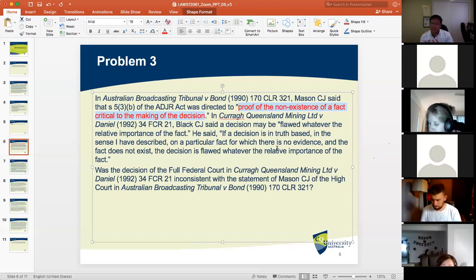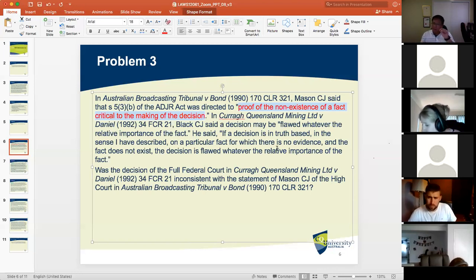So what it means is that, if you're speaking of the ADJR Act, Section 5.1H, if you want to apply for judicial review on the ground of no evidence, the requirement is that there has to be a finding of fact that was critical to the making of a decision, and that there was in fact no evidence to make that finding of fact.